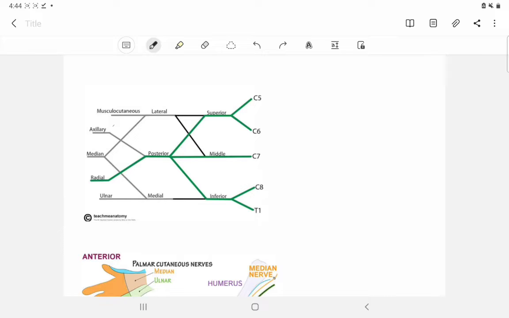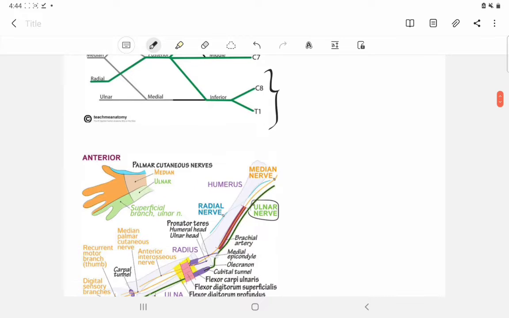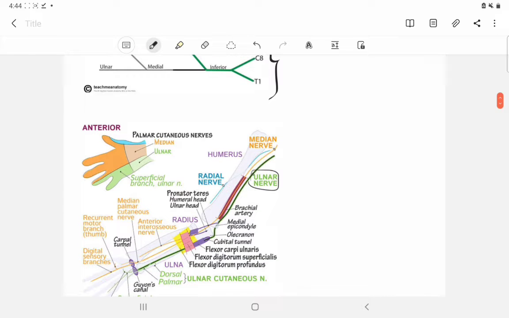So, the ulnar nerve arises from the C8 to T1 roots of the brachial plexus. Some of the important relations we need to remember are, first, in the arm. In the arm, it is closely related to the brachial artery, and it is medial to the brachial artery.